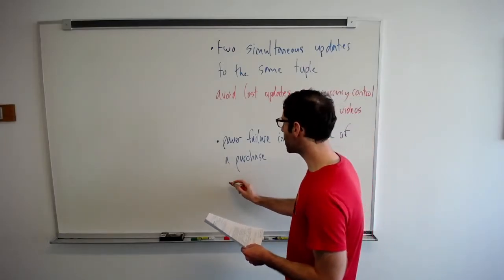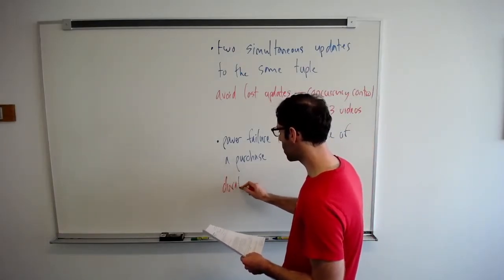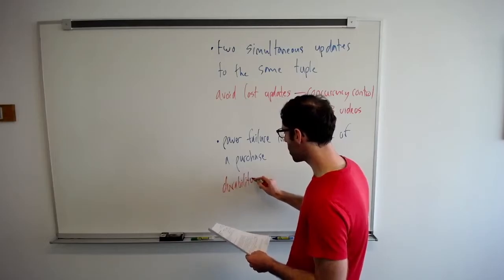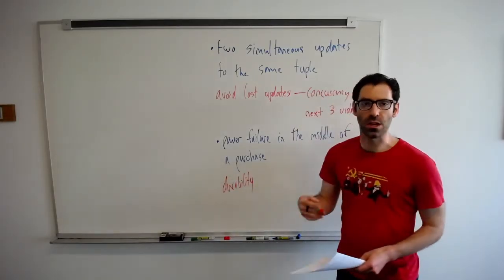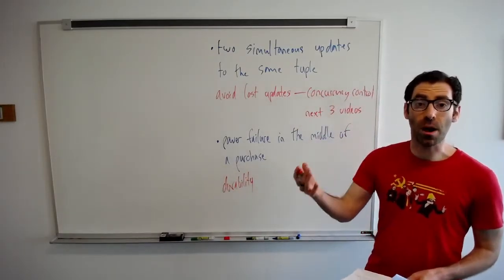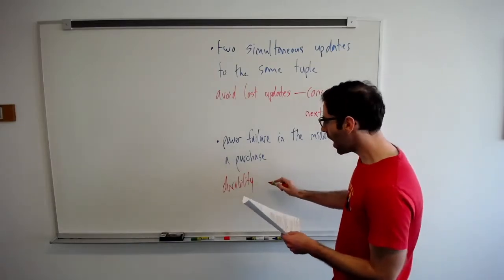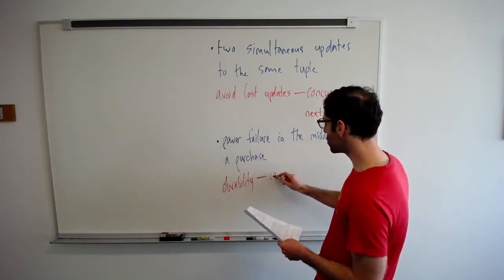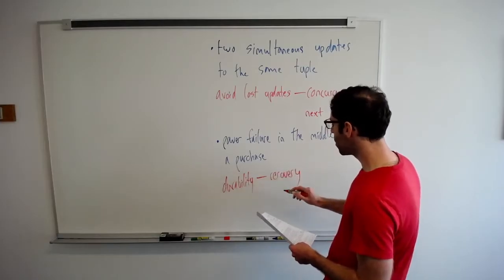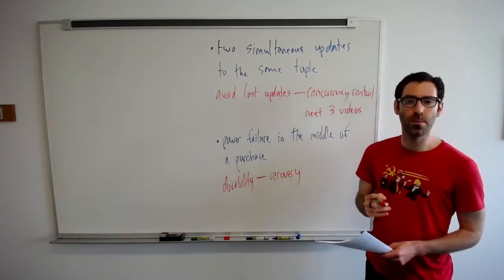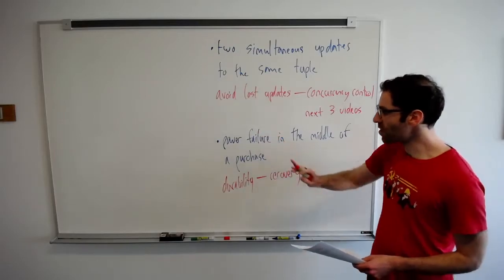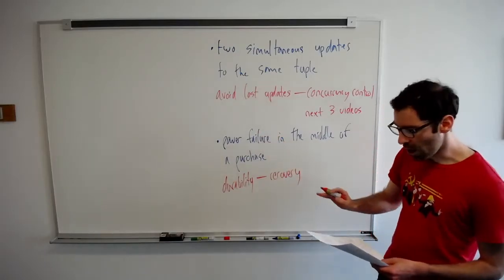And so this is the issue of durability. We want our database to be robust to these sorts of failures, and in particular we want it to be able to recover. We want it to have recovery mechanisms so that if such a failure occurs, not all is lost.